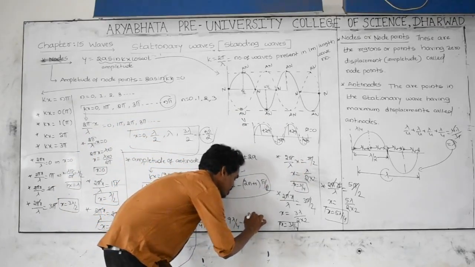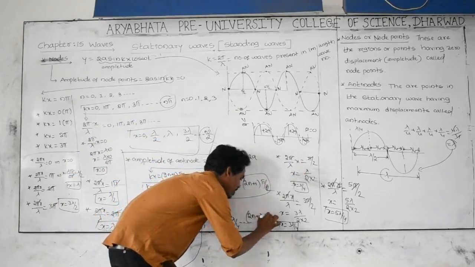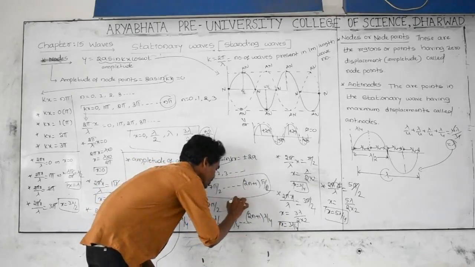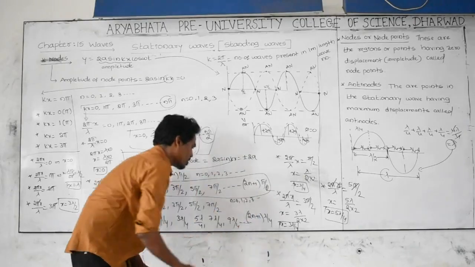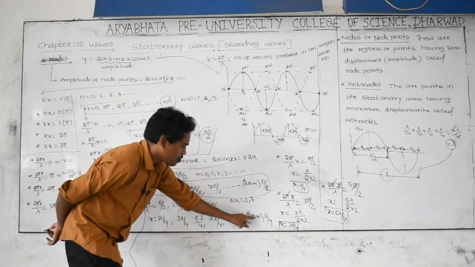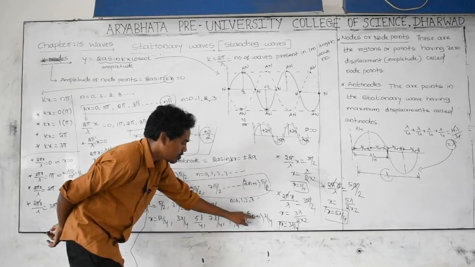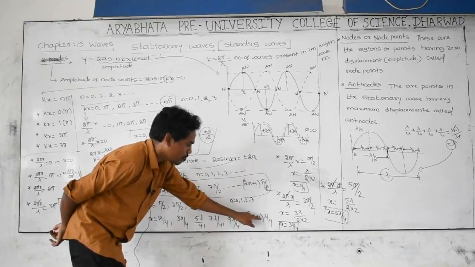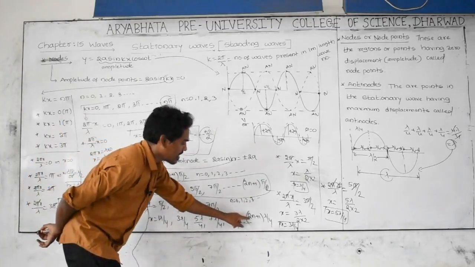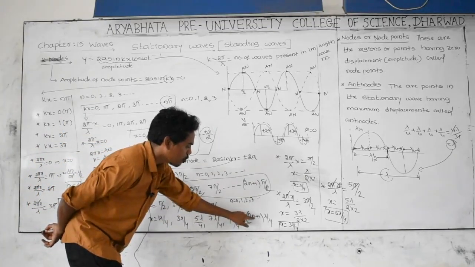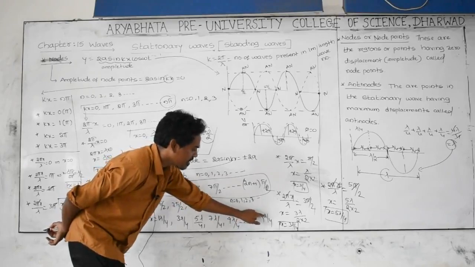Generally I am writing (2n plus 1) into lambda by 4. Here substitute n is equal to 0, 1, 2, 3, and so on. Substitute n is equal to 0, 2 into 0 is 0, remaining is 1, 1 into lambda by 4, you are getting lambda by 4. Substitute n is equal to 1, 2 plus 1 is 3, so 3 lambda by 4.